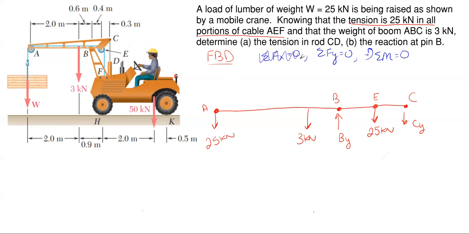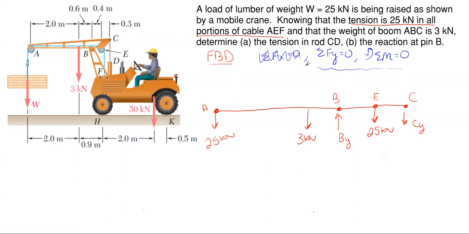So I don't have to sum forces in the x direction because there's no applied forces in the x direction, and there's nothing in the x direction or any type of direction that would cause a horizontal reaction at point B. So the only thing that point B will have is B sub y, which is the vertical. So I'm left with two equations here. Well, I have B sub y upward, C sub y downward. Those are both in the y direction.